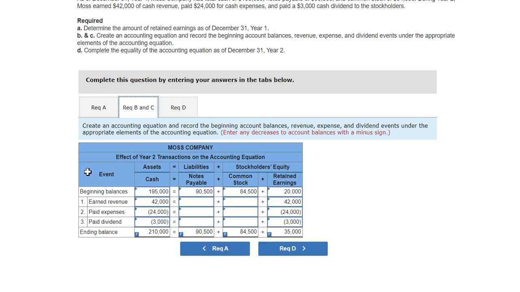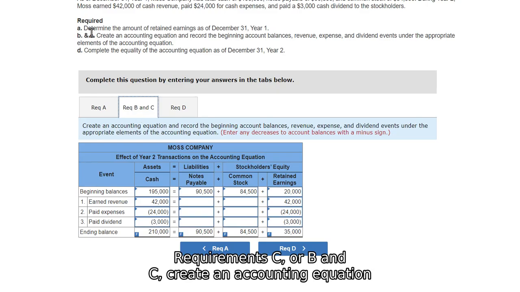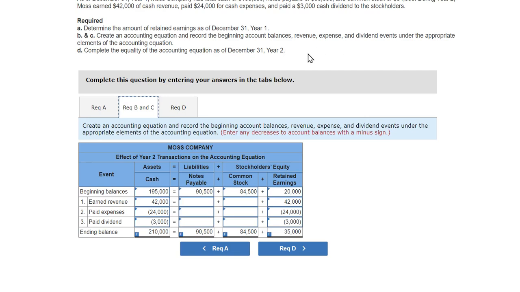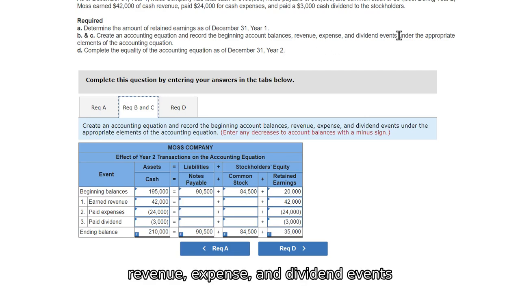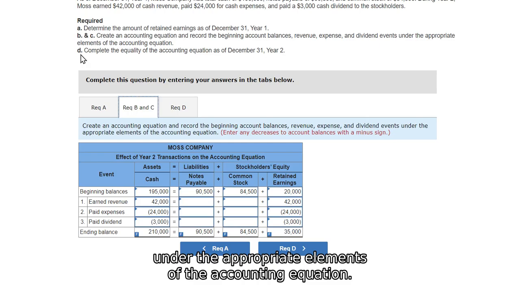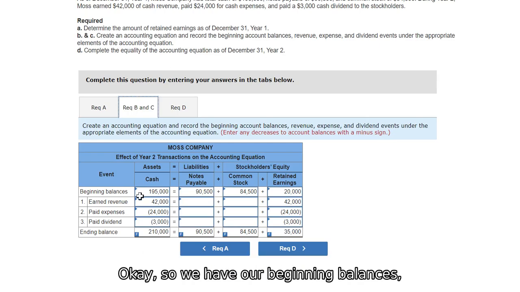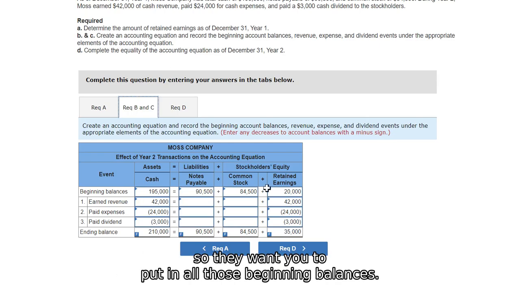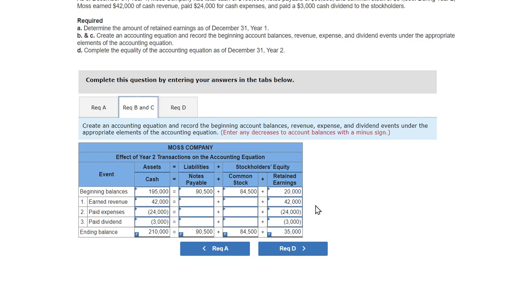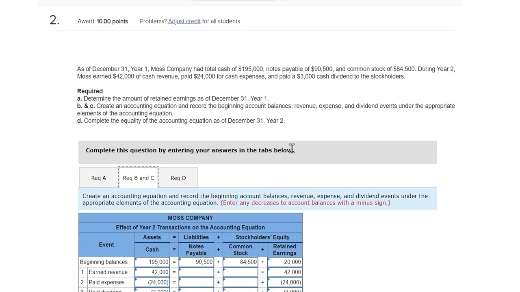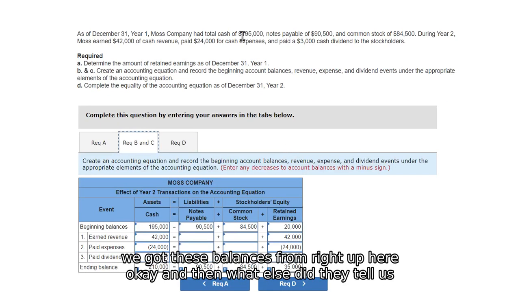Okay. Requirements B and C. Create an accounting equation and record the beginning account balances, revenue, expense, and dividend events under the appropriate elements of the accounting equation. Okay, so we have our beginning balances. So they want you to put in all those beginning balances. Now we know what retained earnings is. We got these balances from right up here. Okay, and then what else did they tell us?